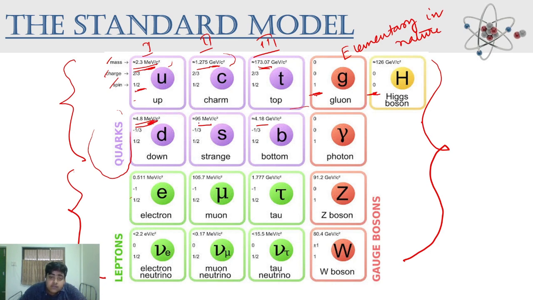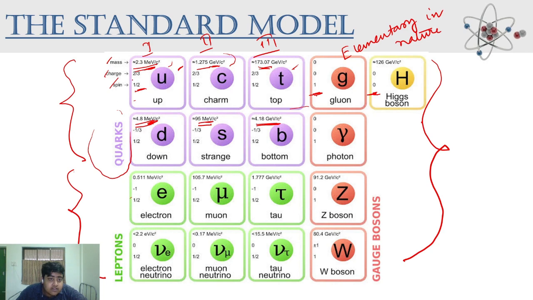So the mass of the strange quark is much greater than that of the down quark, since this is also in mega electron volt, but here you can see it's 4.8 and here it's 95. So a huge difference. And this is in giga electron volt, and 4.1 is giga electron volt. So the top quark is the heaviest quark, and the up quark is the lightest quark.